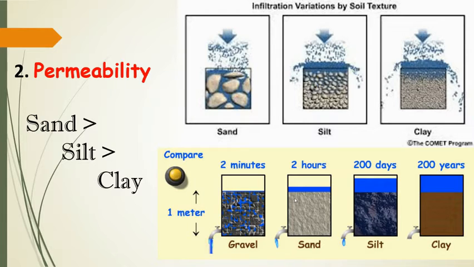On the lower right, you can see how a certain amount of water might flow through a thickness of gravel in 2 minutes, where it might take 2 hours to go through that same amount of sand, or 200 days to go through that same amount of silt, or 200 years for it to go through the clay. So basically nothing, it basically doesn't go through the clay. Permeability is how the water flows through the material.